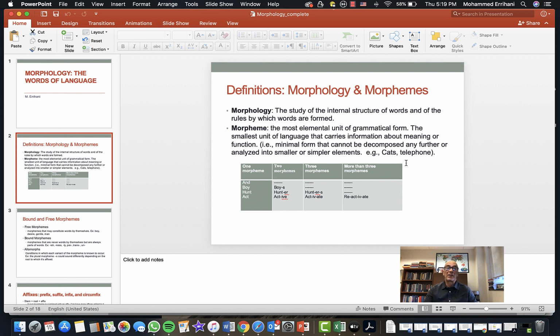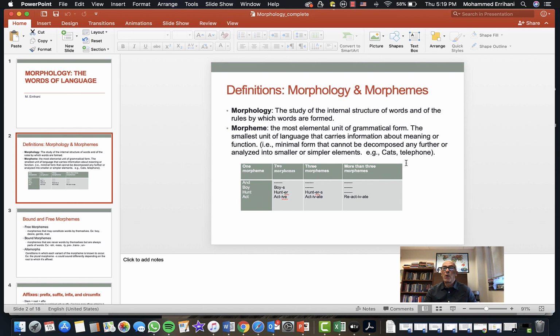It could also have a syllable, such as ish in the word childish, or it can have more than one syllable, such as chocolate. Like syllables and sentences, words also have an internal structure consisting of smaller units organized with respect to each other in a particular way.